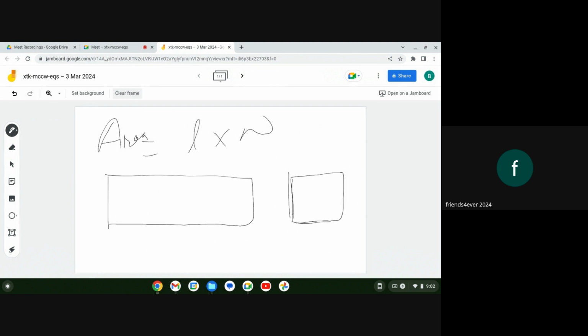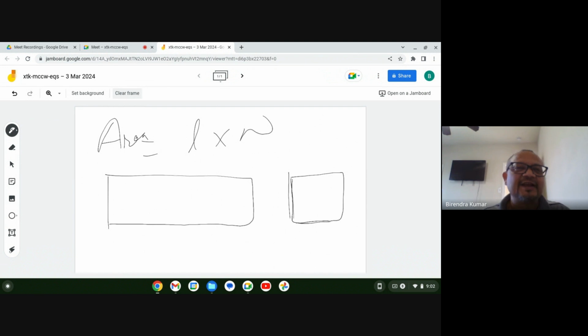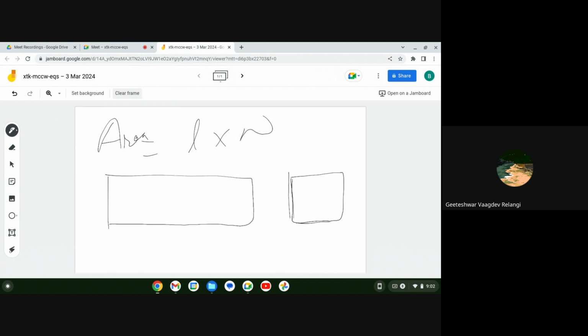Are we going to learn about perimeter? Wait for 10 or 15 minutes. We will get to that. I want to go very fast, but I will go only as fast as we all can run together.